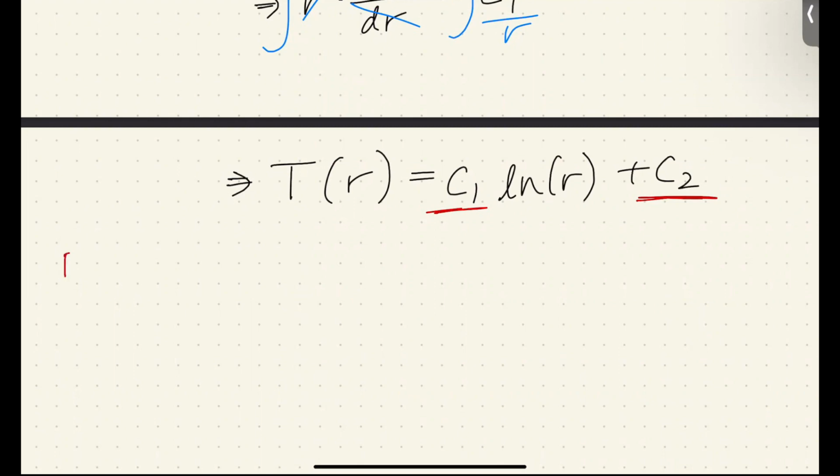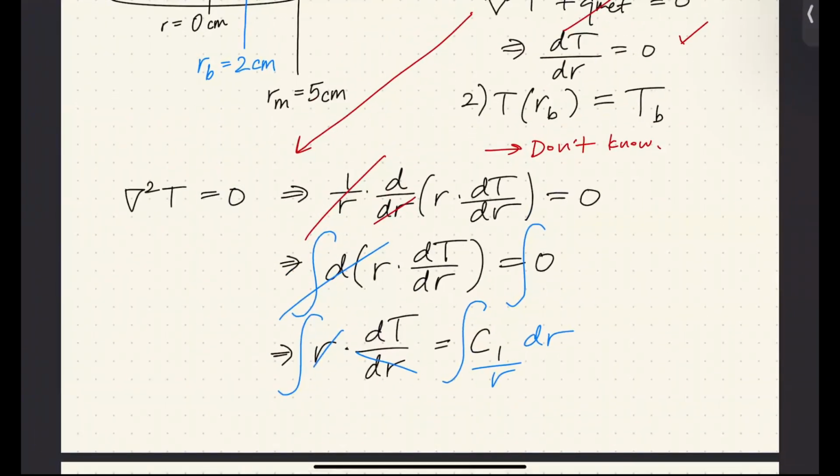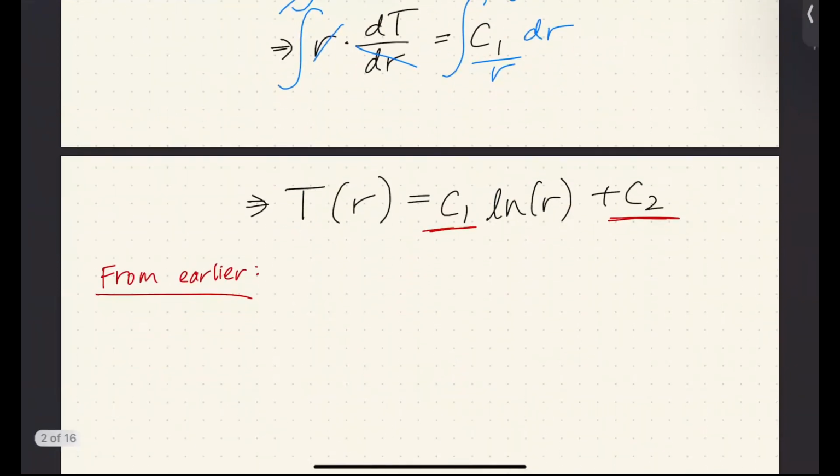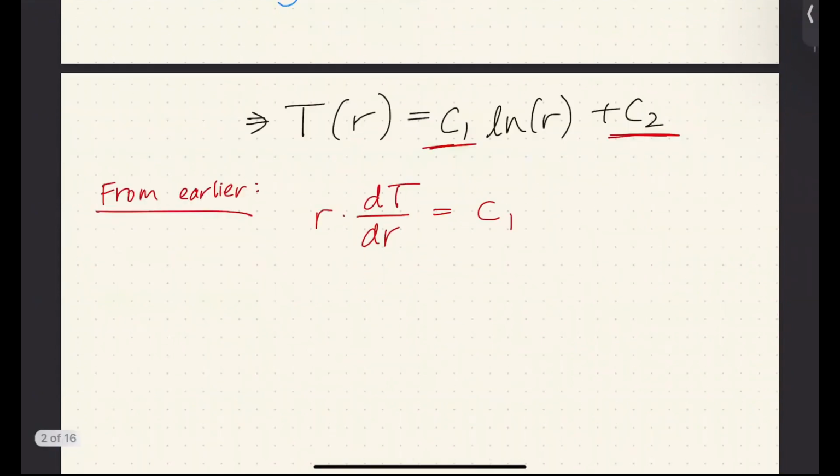So we know from earlier, let's scroll up a bit, we know r times dT/dr is equal to C1. We figured this out. So why don't we use that expression? We know r times dT/dr is equal to C1. Well, what else do we know?